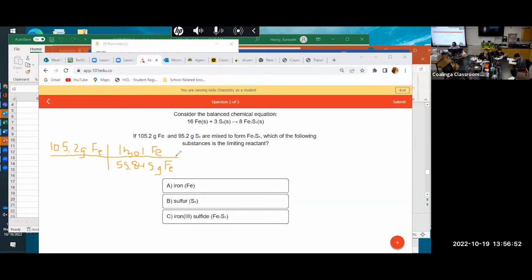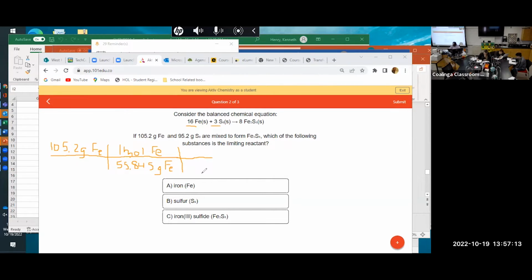Okay. Because I always tell you, you have to be comparing apples to apples, right? So let's go ahead and figure out, based upon this chemical formula, what is the ratio of Fe to sulfur?